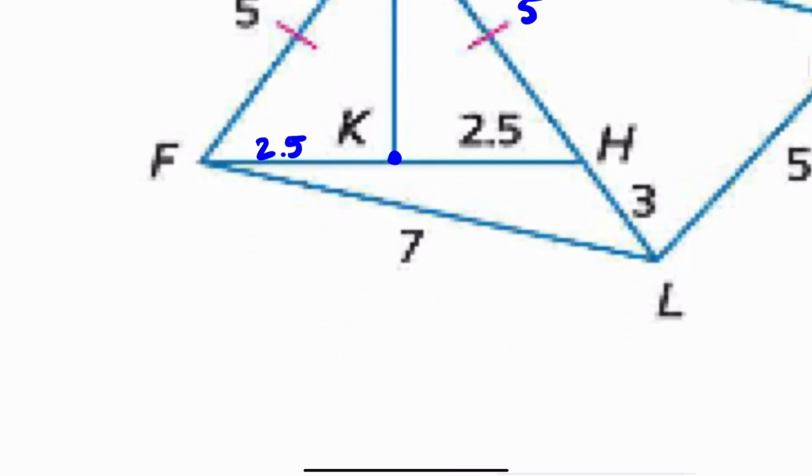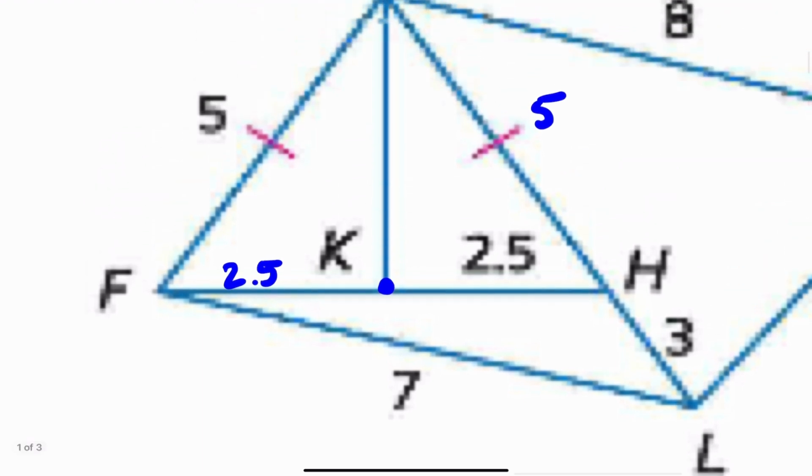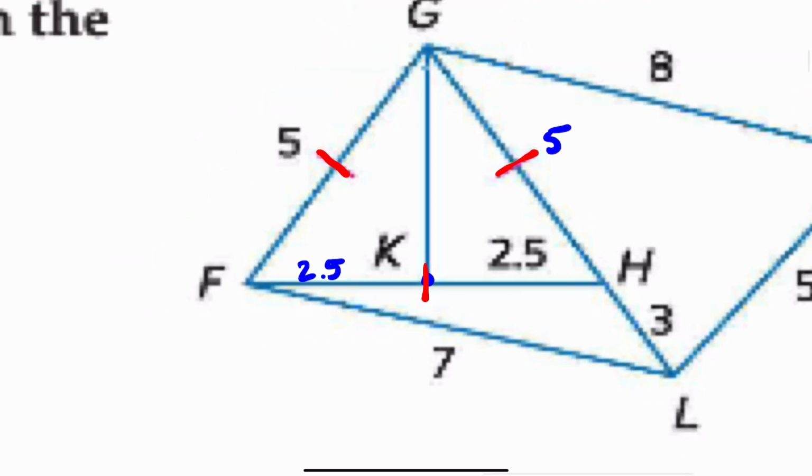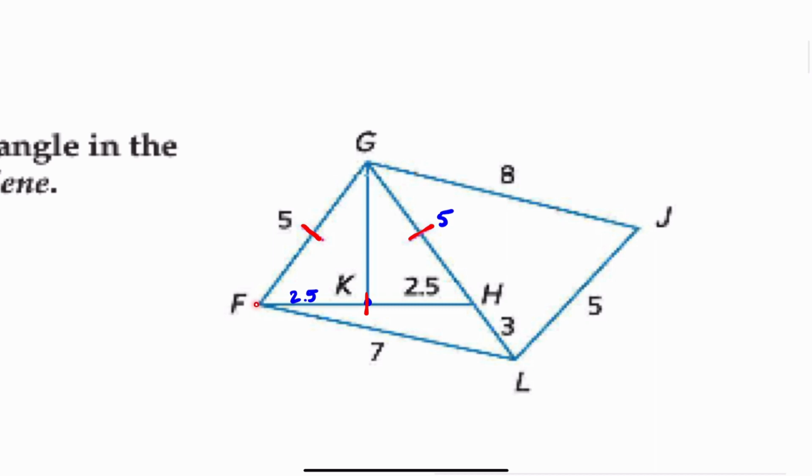But notice that this segment here is 2.5 and 2.5 all together. So I'm going to go ahead and draw my tick marks to show that all of these sides are congruent. So if I look at triangle FGH, close it, well, what type of triangle is that?